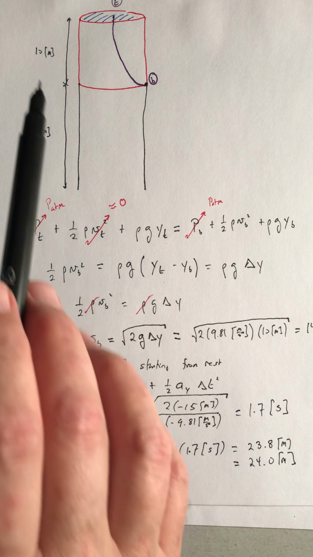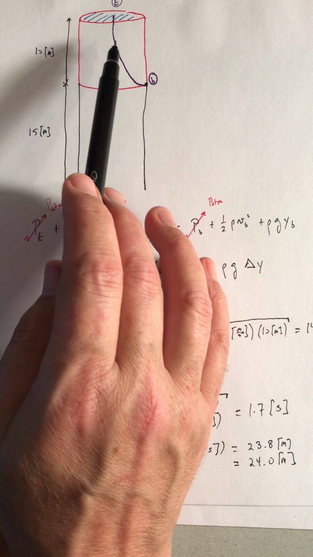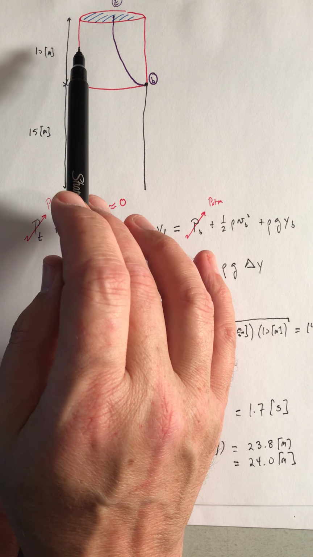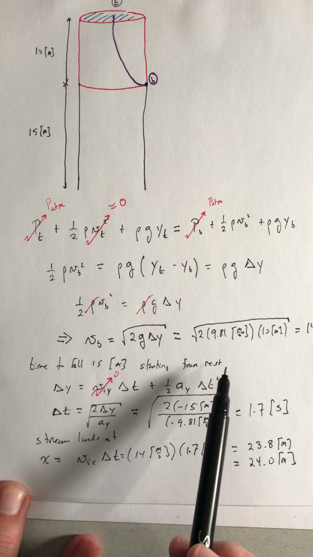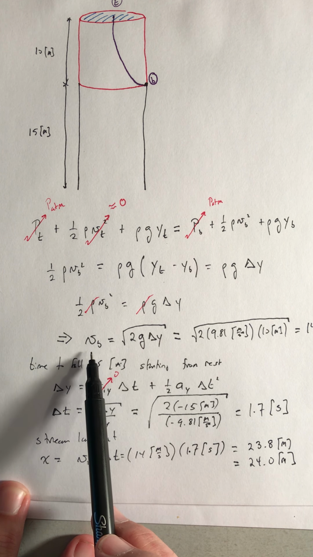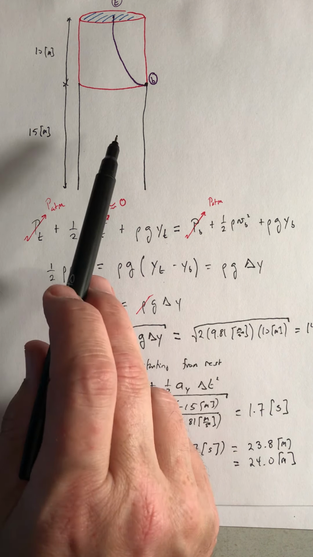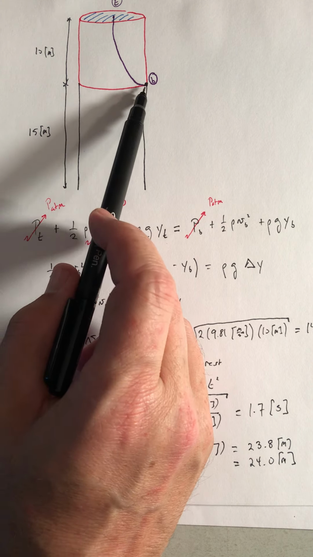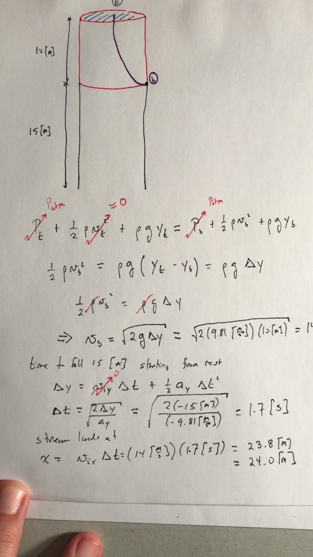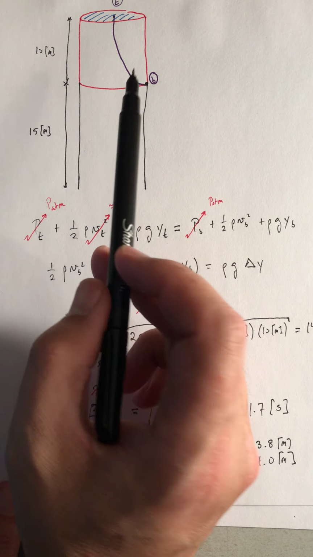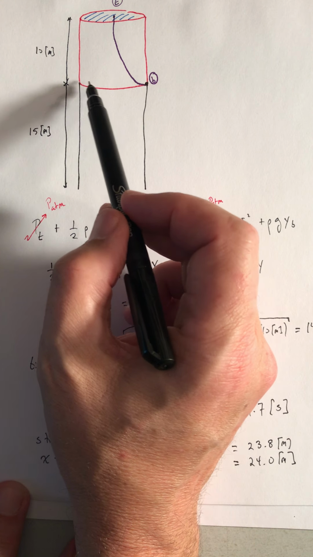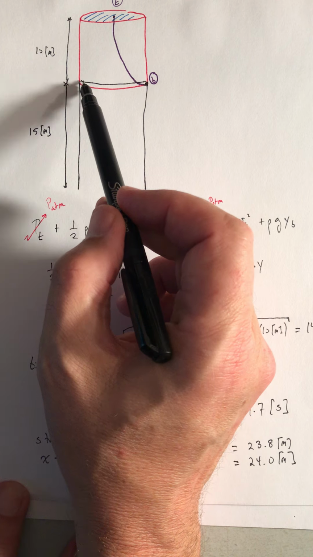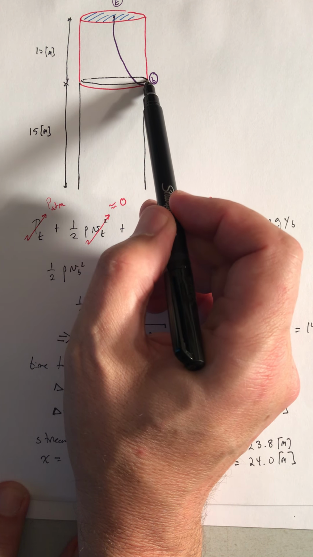And as the water level in the tower starts to drop, the change in height is going to be less and less. That's going to make our speed of the fluid be less and less as it leaves the hole. So eventually, by the time it's all emptied out, it's just going to dribble out. You can also view that as this fluid in the bottommost layer within the water tower.